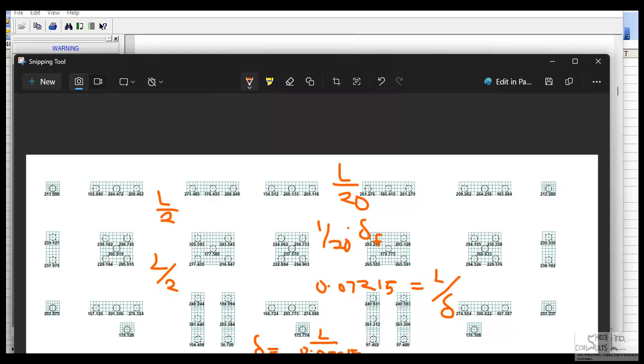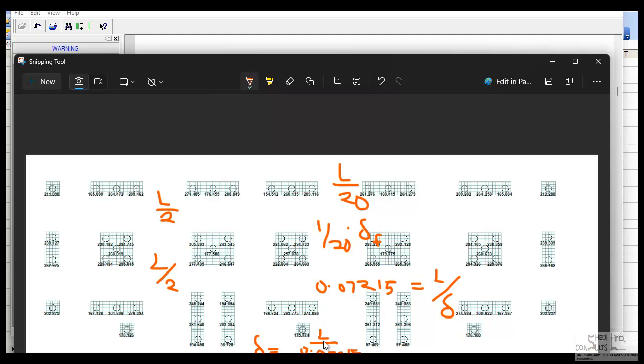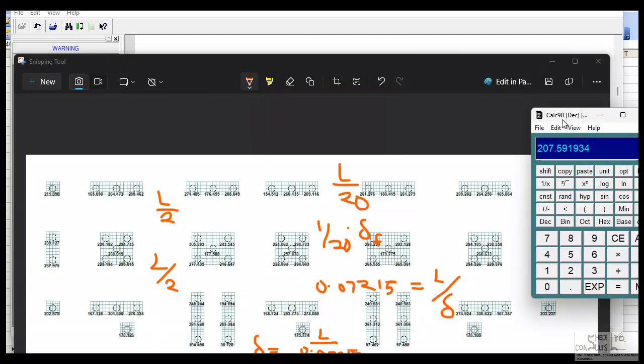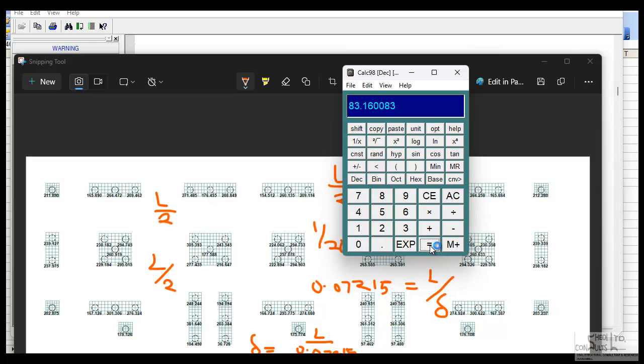Now, L itself is the height. The height at that location between the successive arbitrary horizontal planes. So in this case, it is 6 meters. So if I do 6 divided by 0.07215, that gives me about 83.